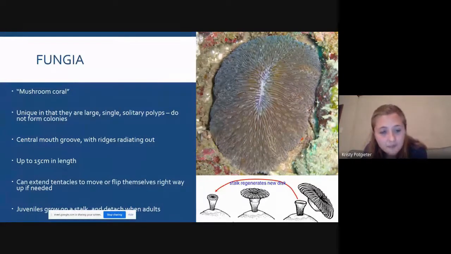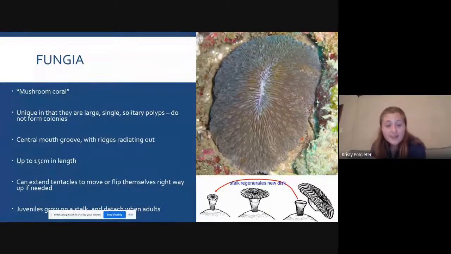The cool thing about these guys is that because they are free living, they can actually use their tentacles to walk around the reef. They'll crawl around until they find a place that they're happy, and then they'll just sit there and do what they do. They can flip themselves upside down and right way up and that kind of thing. So they're quite resilient, versatile corals.